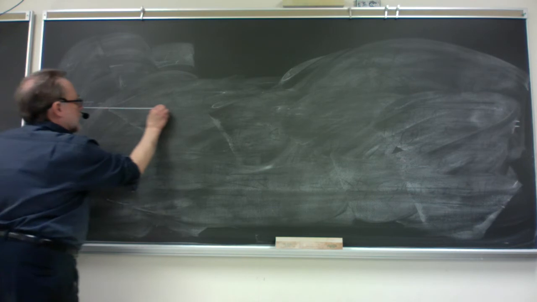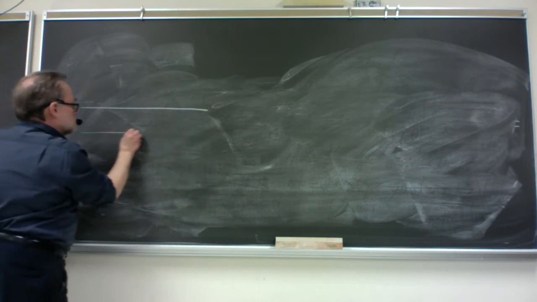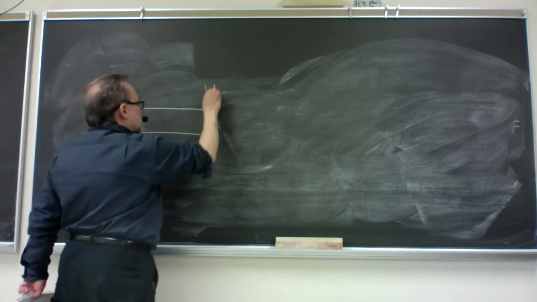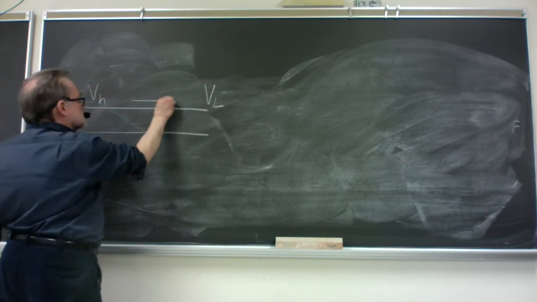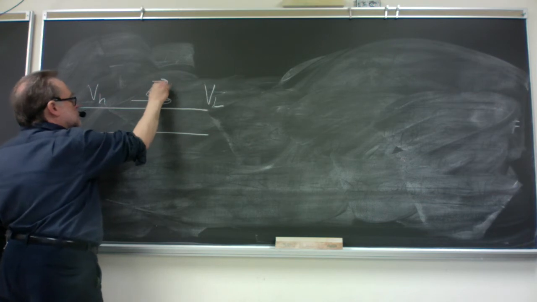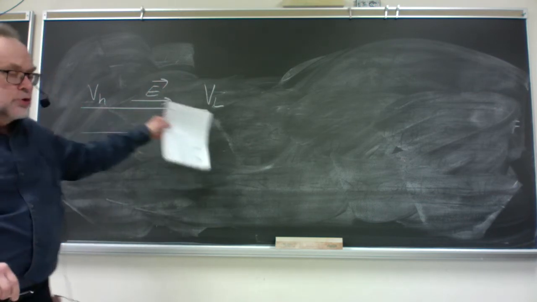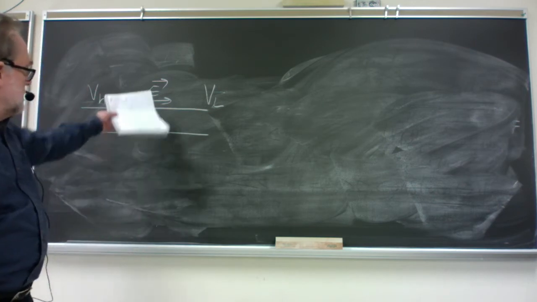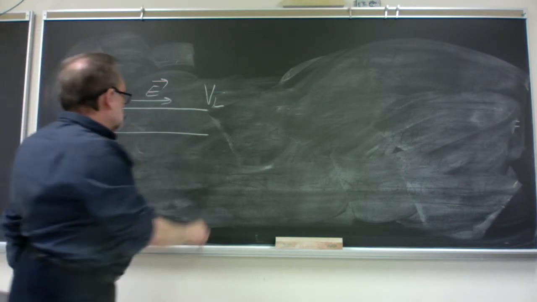Now, what's actually happening when those charged particles move through the wire? There's an electric field pointing from high potential to low potential, and the net force that's pushing them forward is the force that comes from the electric field.